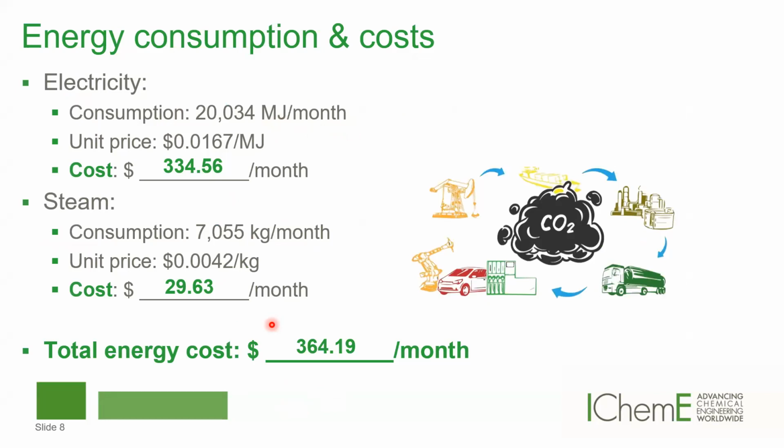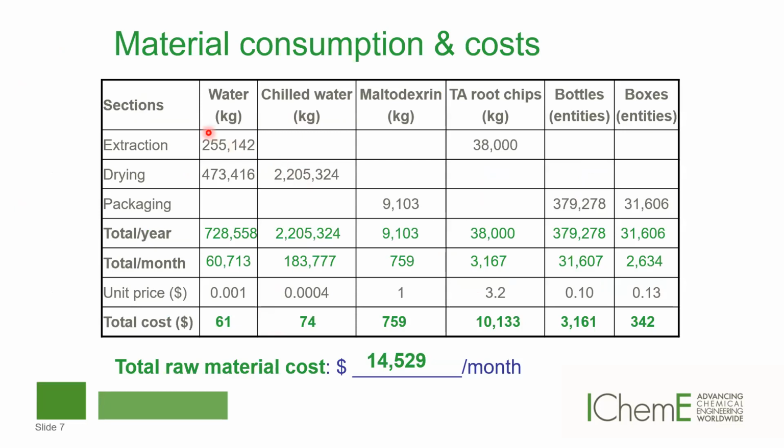This is specifically for this amount of Tongkat Ali root chips. It's our basis. Our functional unit is per month. So this is the basis.